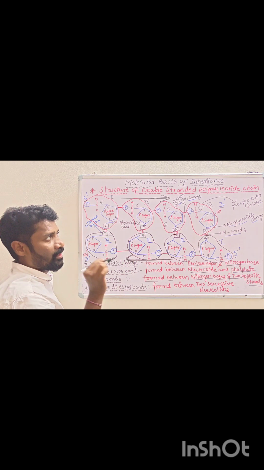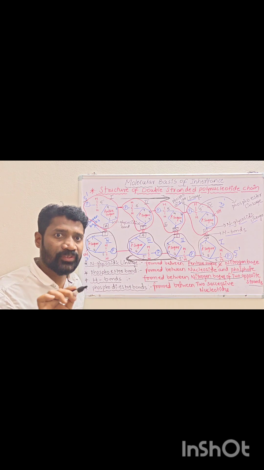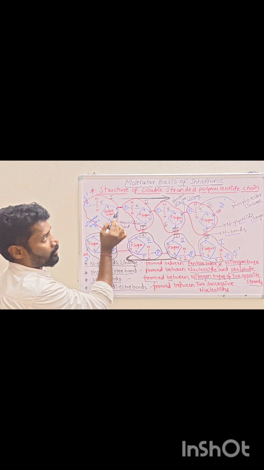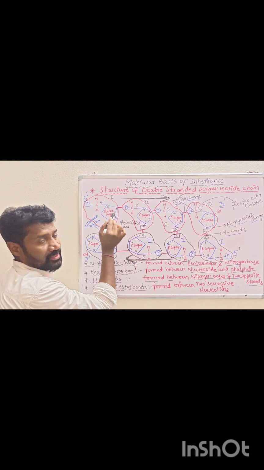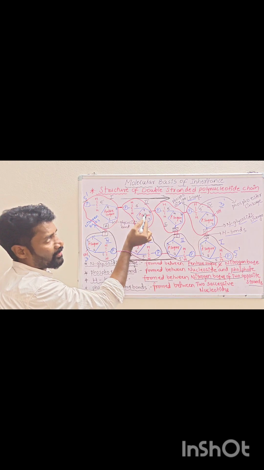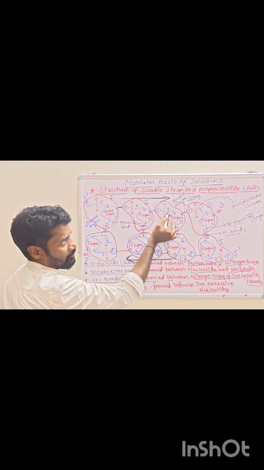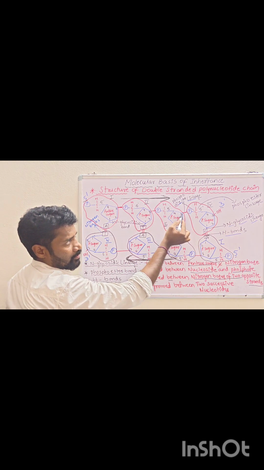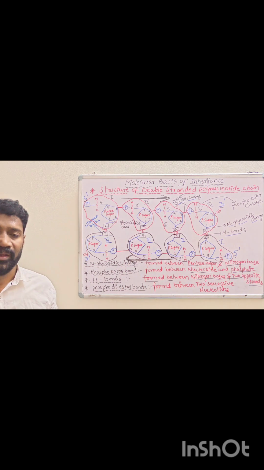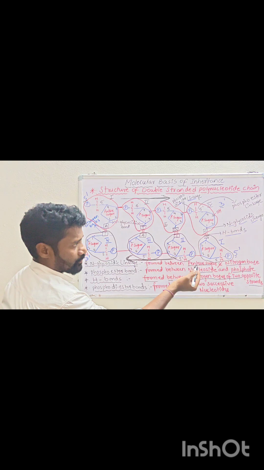That means phosphodiester linkages are always formed in 3 to 5 direction, between the third carbon of the first nucleotide and the fifth carbon of the next nucleotide. That's why they are called 3,5 phosphodiester linkages.